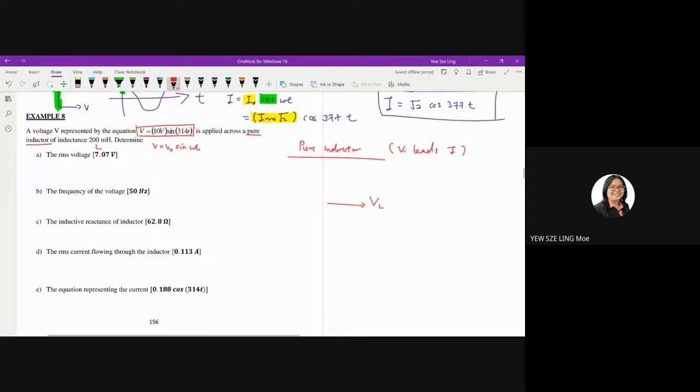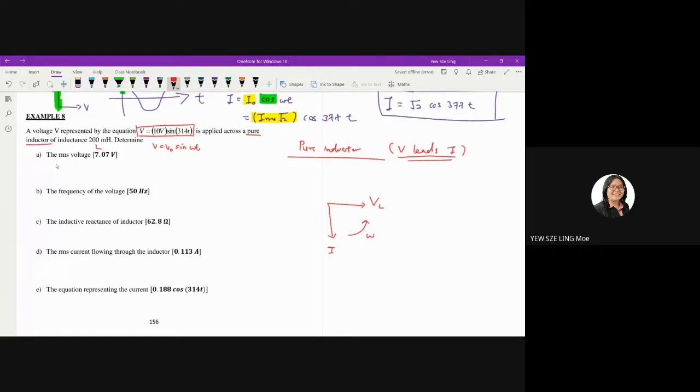But according to a pure inductor circuit, V leads I, meaning that your I should be pointing downwards. This is the I in a pure L circuit. Of course, omega is still rotating in the anti-clockwise direction. So that is our phasor diagram.